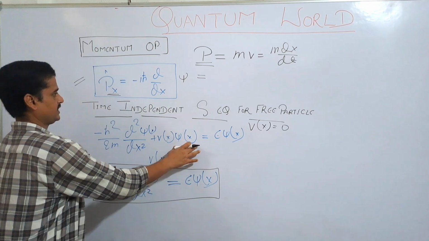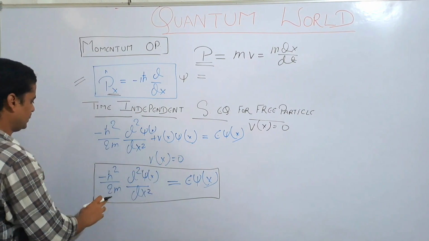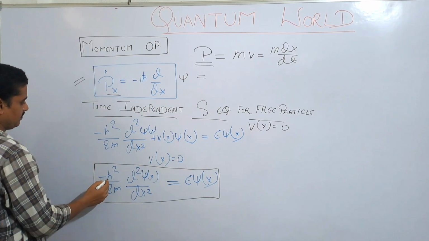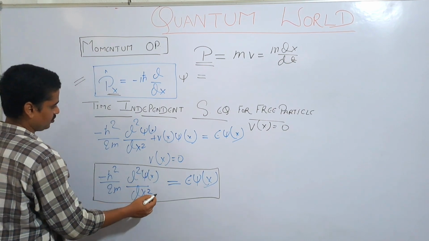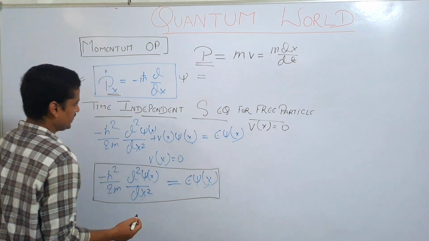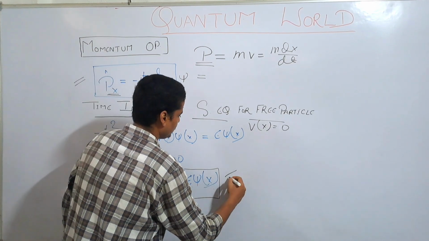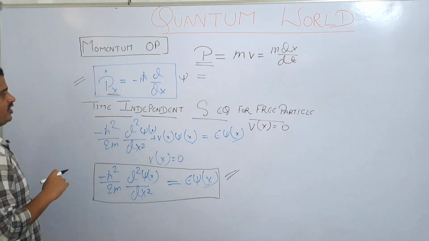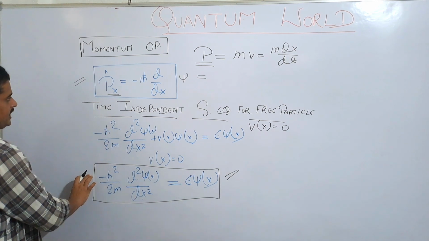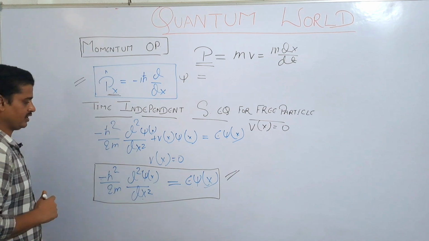So this equation becomes minus h bar squared by 2m d²ψ(x)/dx² equal to Eψ(x). This is the time independent Schrödinger wave equation for a free particle.